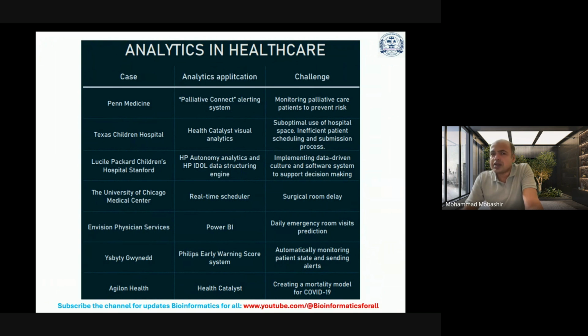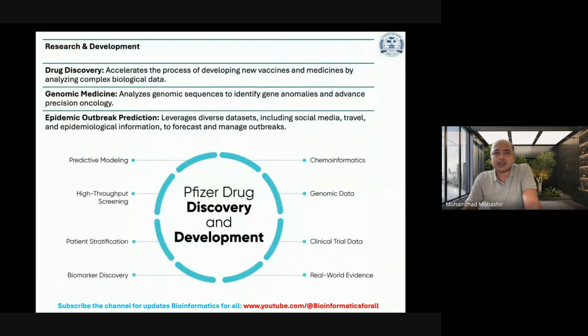You can use it, and this is what kind of data you can get for analysis purposes as a data analyst or data scientist. Now, research and development application of data science, you can apply it thoroughly. There are deep uses of data analysis in drug discovery, genomic medicine, epidemic outbreak prediction, especially drug discovery.